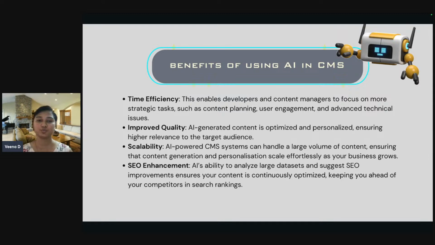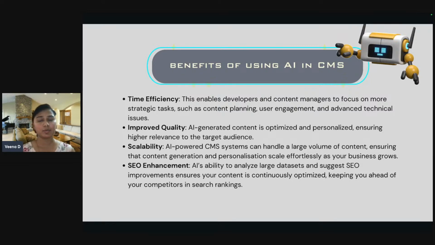And when it comes to scalability, it is very good at handling a large volume of content, which is very important. If we want to do it manually, it takes a lot of effort. So this is a good pain point that AI-powered CMS are solving nowadays. And of course, AI SEO enhancements.